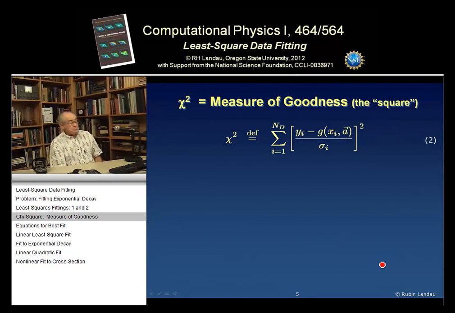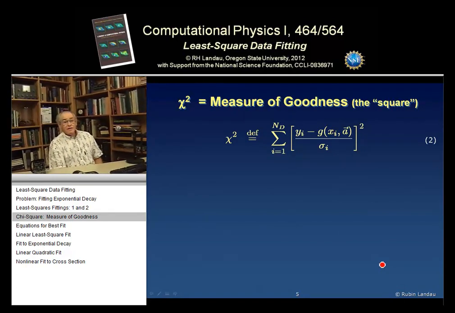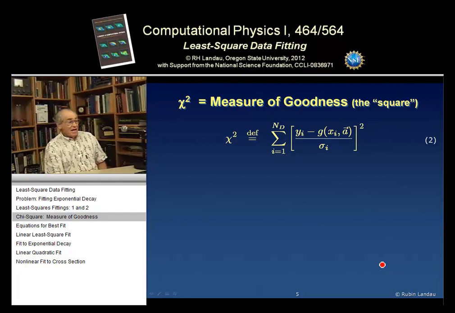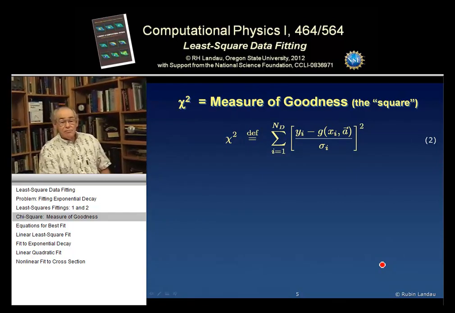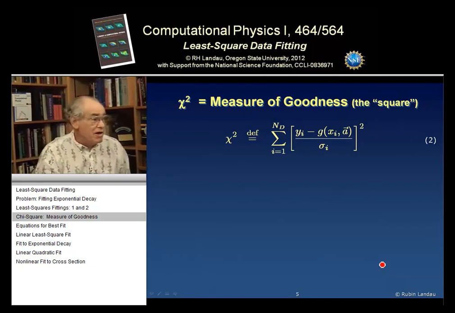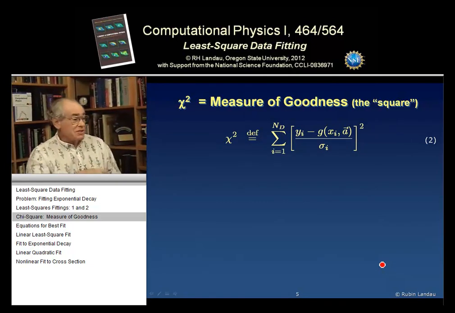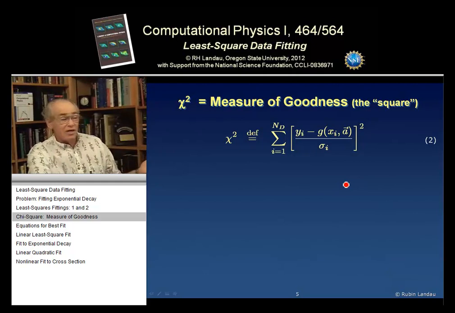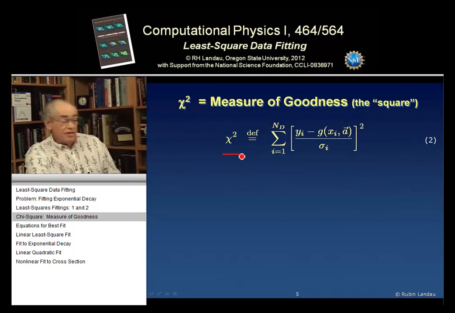Well, the whole trick, the whole idea of fitting data is to say, let's have some analytic measure of what we mean by a good fit. And someone, I wish I knew who, said, well, let's just define some variable. We call it chi-squared, right there. And this is called chi-squared fitting for this reason.